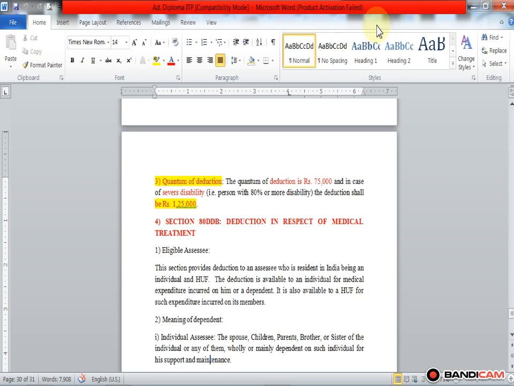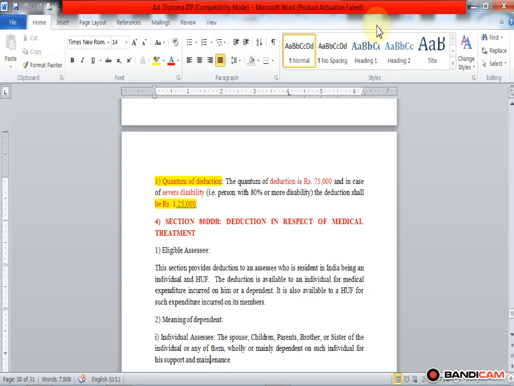It is also available to HUF for such expenditure incurred on its members. HUF means Hindu undivided family.